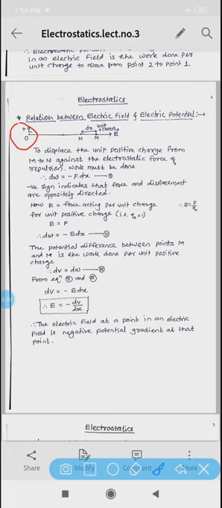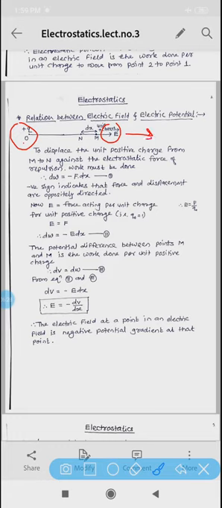Because of the two positive charges, there is an electrostatic force of repulsion, and therefore the electric field intensity E is directed outward.